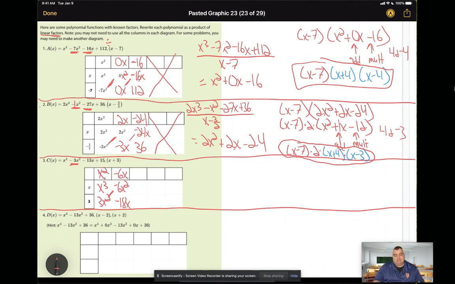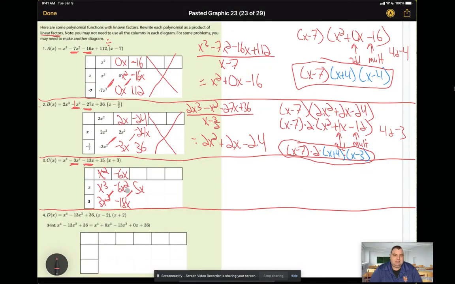All right, I still have to do at least one more column because I haven't gotten to a constant term yet. So my next term here is negative 13x. So what needs to go here so that I have negative 18 plus what is negative 13? That's going to be a positive 5x, right?